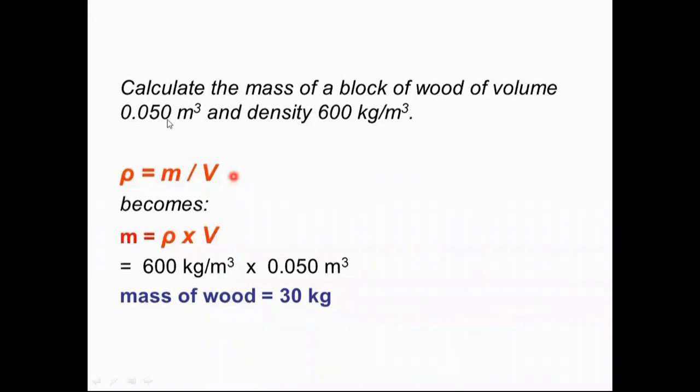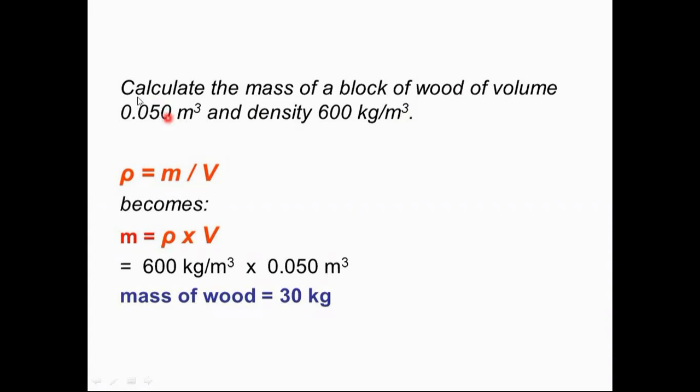Now I calculate a mathematical problem of density. Calculate the mass of a block of wood of volume 0.050 meter cube and density 600 kg per meter cube. We know that the equation of density rho is equal to m by v.